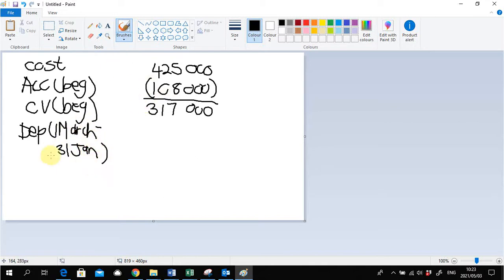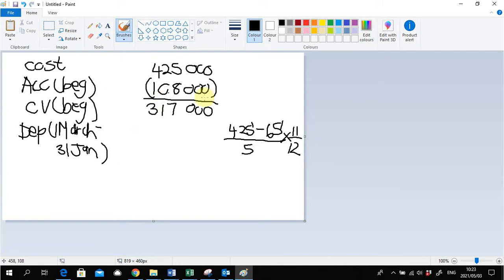So we're going to take the cost price, which is the 425. We're going to minus the residual value, which is, I believe, 65,000. We need to divide it by 5 years, and we need to times it by 11 months, because the difference between 1 March 2014 and 31 January is 11 months.